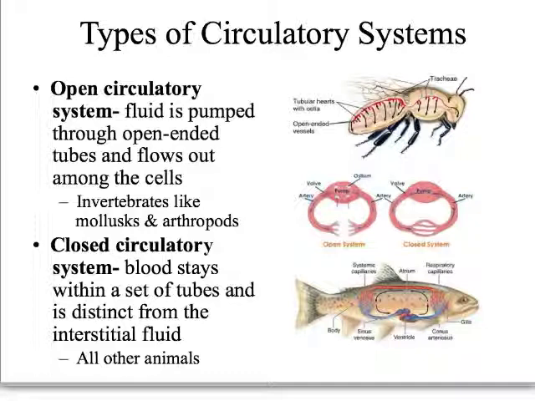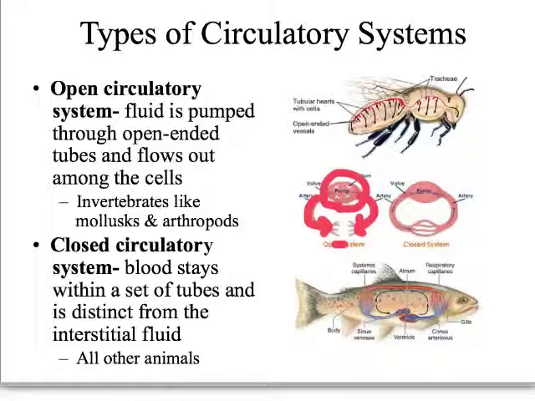So there's a heart-type organ within the animal. We see here some pump of some kind, and it's going to pump the fluid, we usually call it blood, into open-ended tubes. See how these tubes are not connected here. So that's what we call an open system.